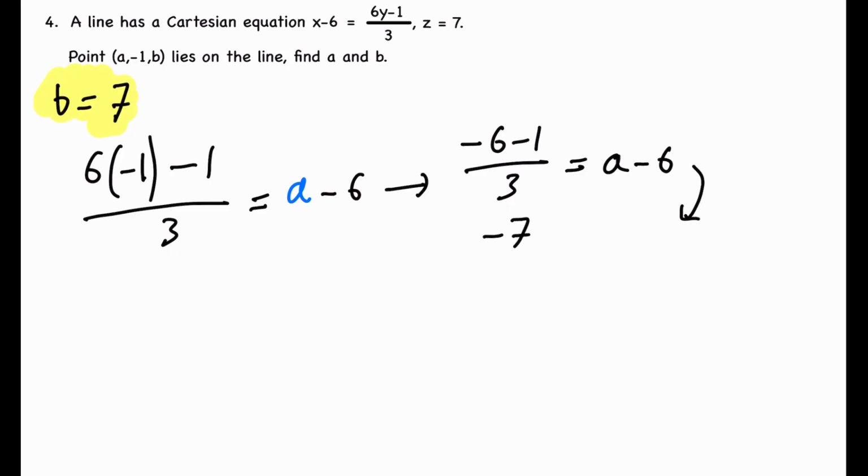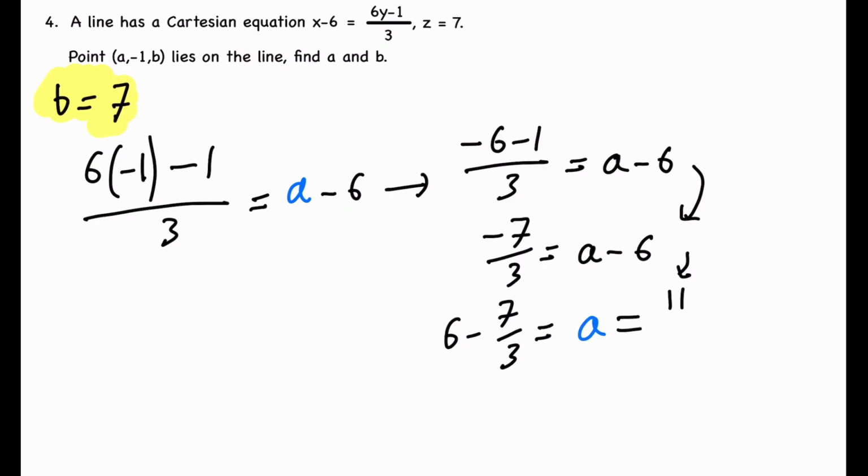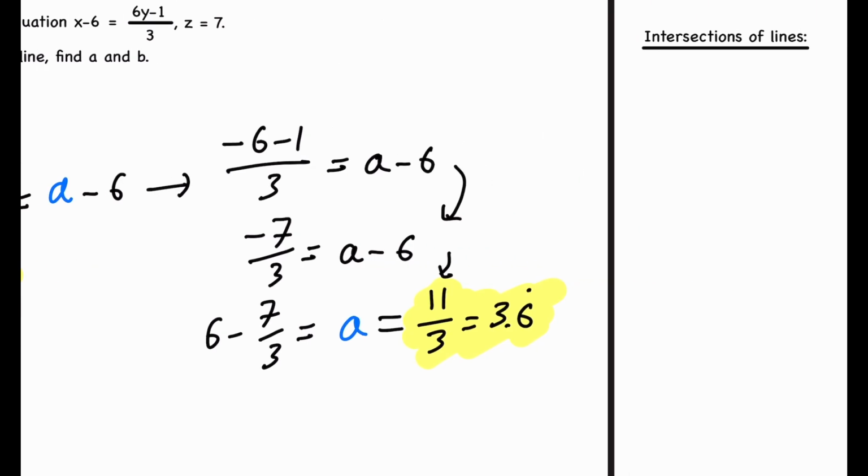Adding it up, we get minus 7 over 3 is equal to a minus 6. And we can rearrange to get 6 minus 7 over 3, which is equal to a, which is equal to 11 over 3 or 3.6 recurring. And now we found our values for a and b. So the coordinates of the point would just be (11 over 3, minus 1, 7).